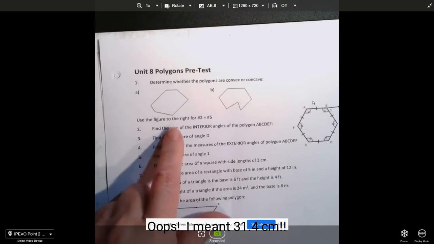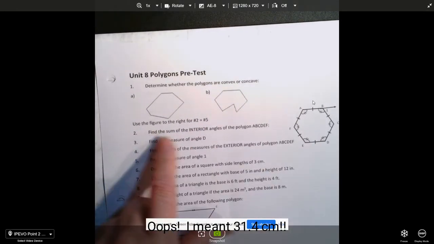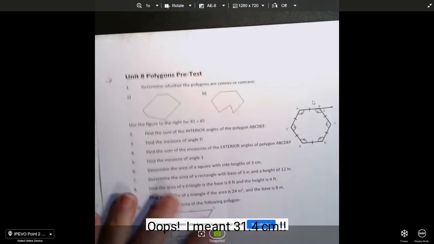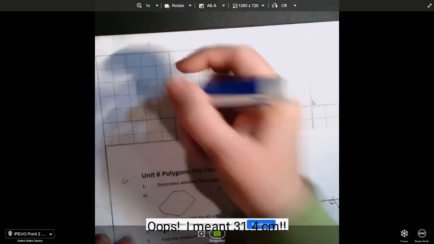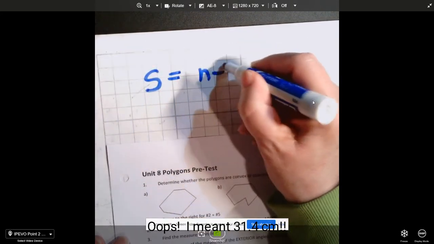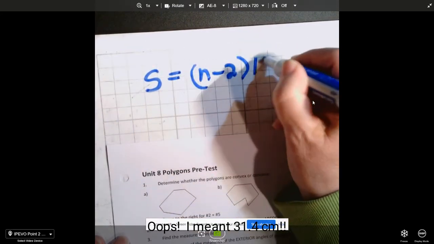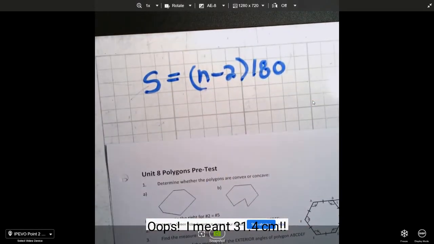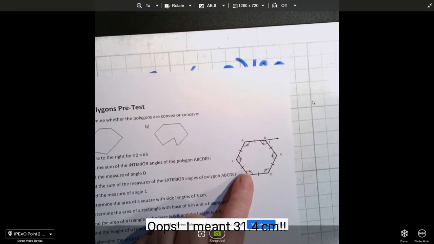All right, it says use the figure to the right for numbers 2 through 5. So it says find the sum of the interior angles of this polygon. So first of all, if you remember, the formula for the sum of the interior angles is n minus 2 times 180, where n is the number of sides. So all we really need to do is count the number of sides.